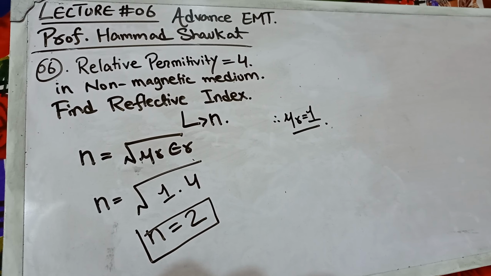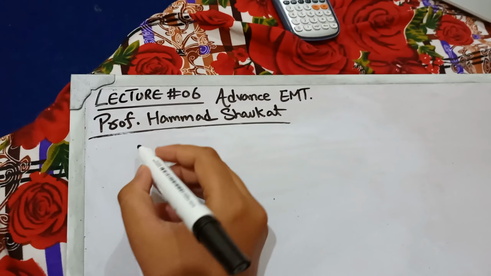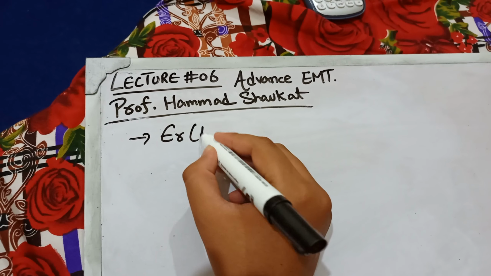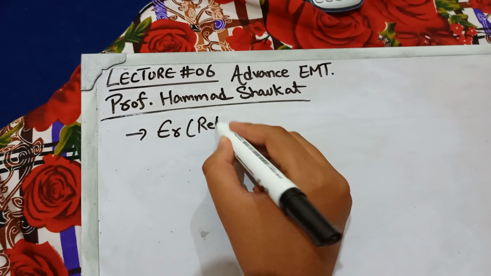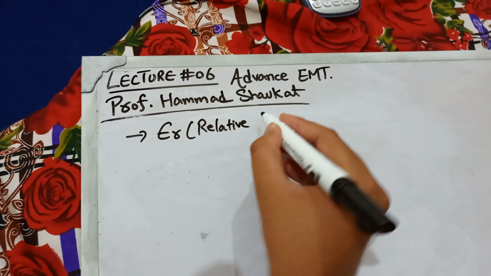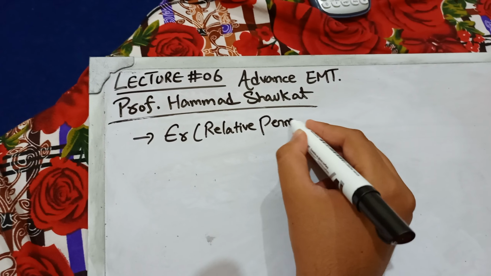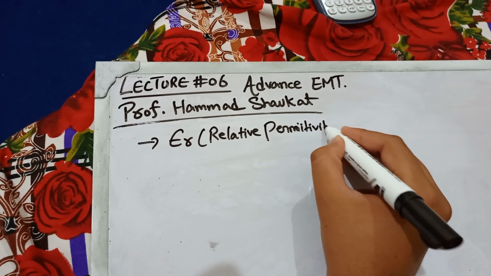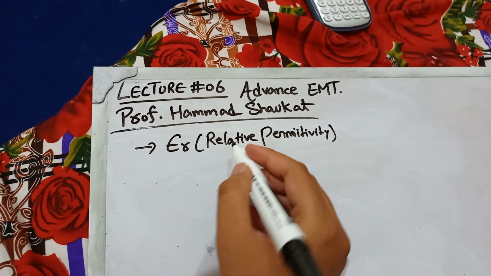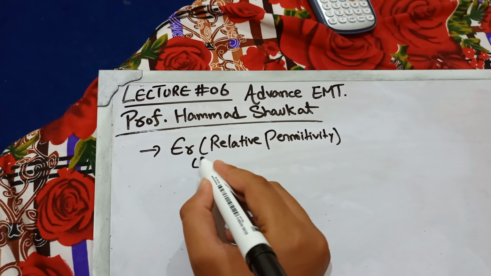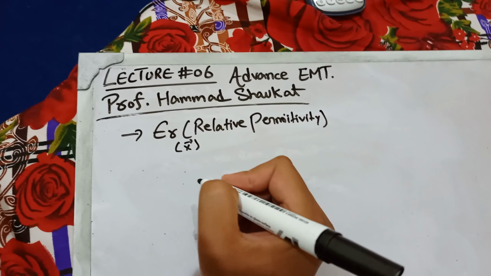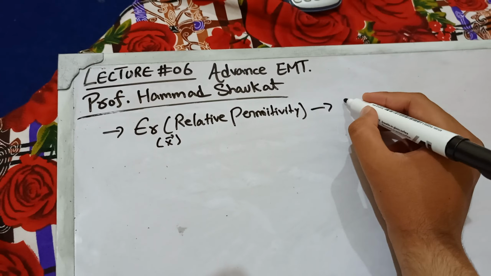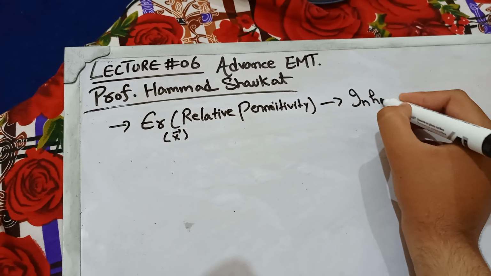Now we have to discuss some features. Your epsilon r, the relative permittivity, is basically a function of position. You can write it here as a function of x. This relative permittivity is basically inhomogeneous.